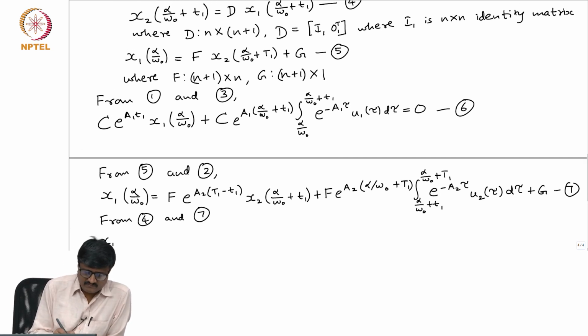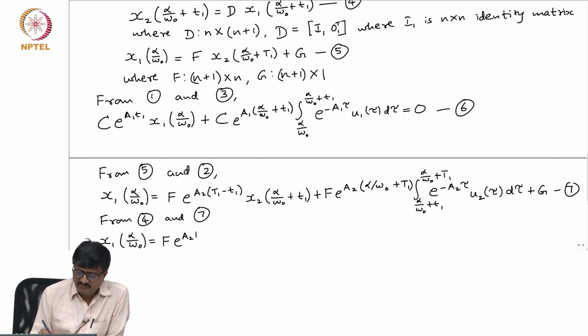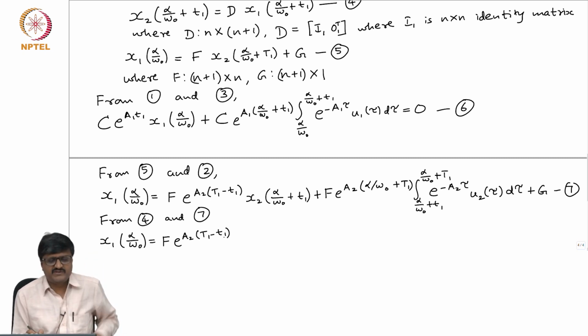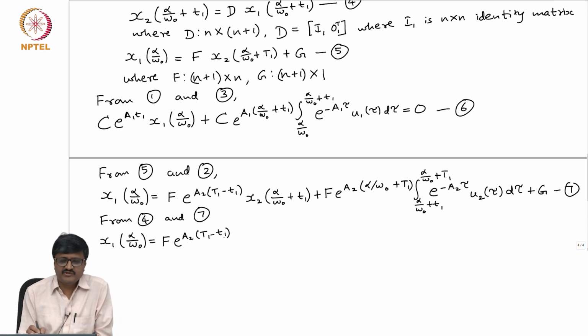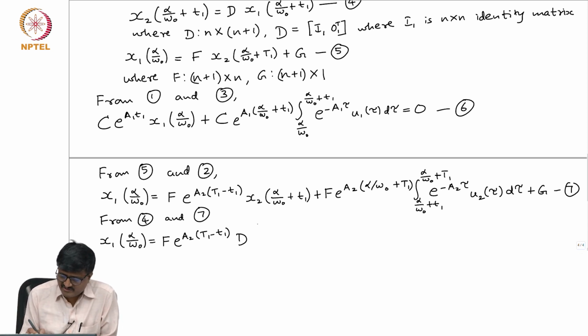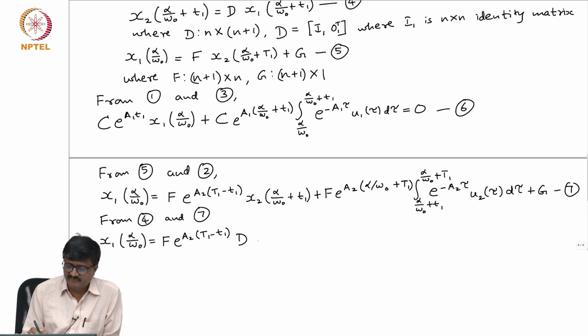x1 at alpha by omega o is equal to F exponential A2 into T1 minus t1 into x2. So, x2 at alpha by omega o plus t1, from equation 4, is D into x1 of alpha by omega o plus t1.